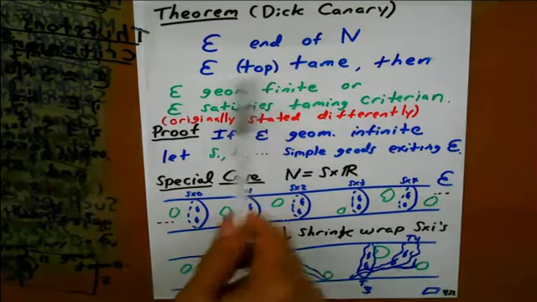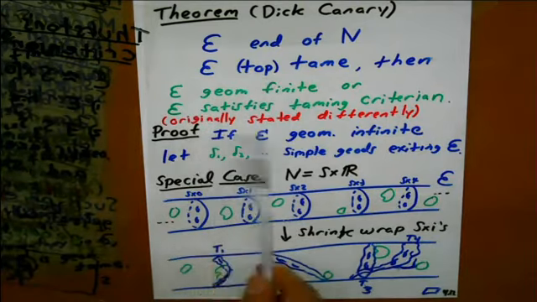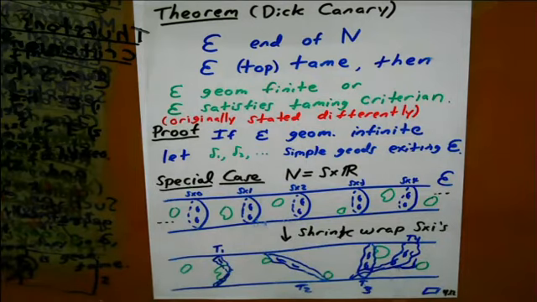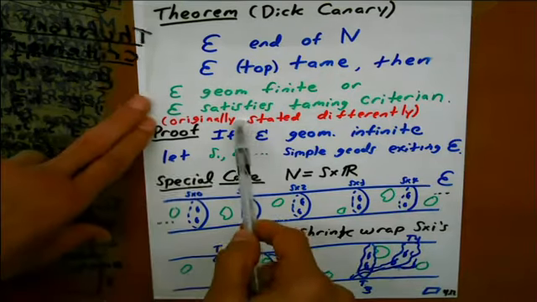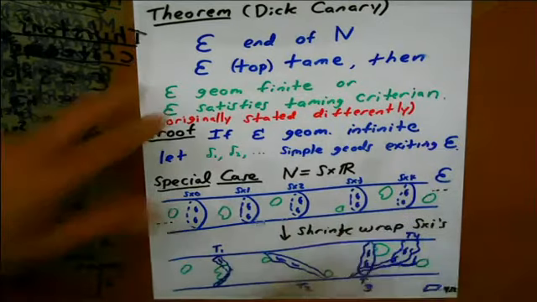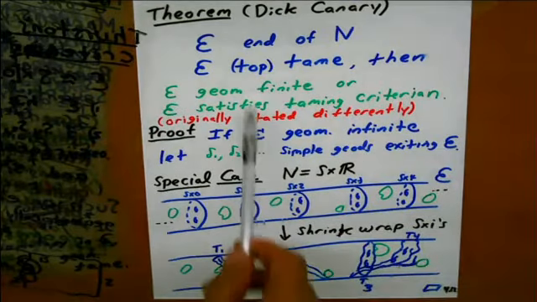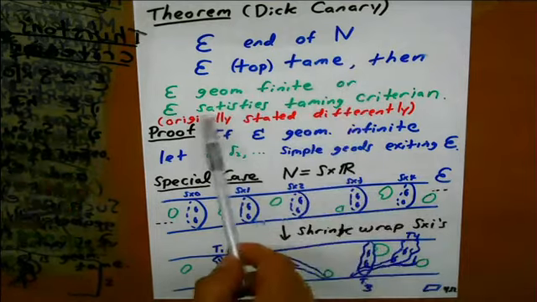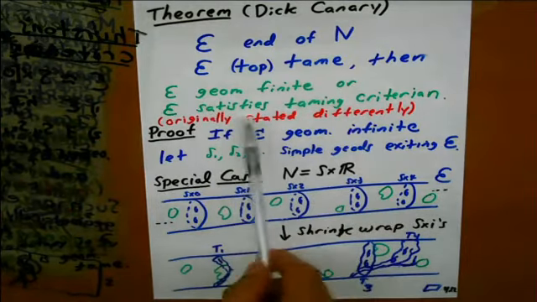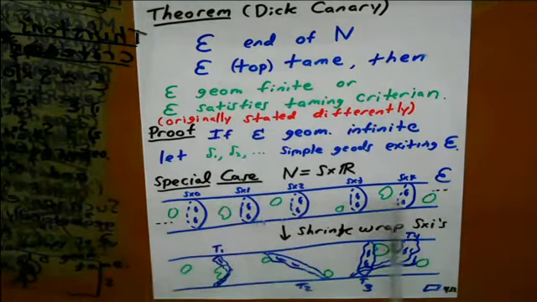So topologically tame implies geometrically finite, or in my language, satisfies the Thurston taming criterion, which is the same as being geometrically tame. So what we need to show is that if you're topologically tame, then there's a sequence of surfaces of intrinsic curvature -1 that exit the manifold.